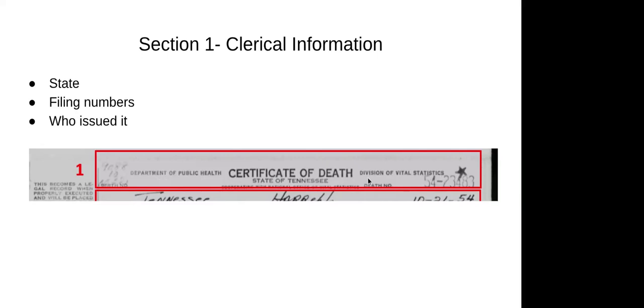Some of them may actually have the county name, and they have the state filing numbers. This is also important when you're doing your source citations. So you have like the certificate number, so people can go back and kind of double check your work, or if you need to go back for some reason, you lose your copy, you can go back and find the actual copy of it.